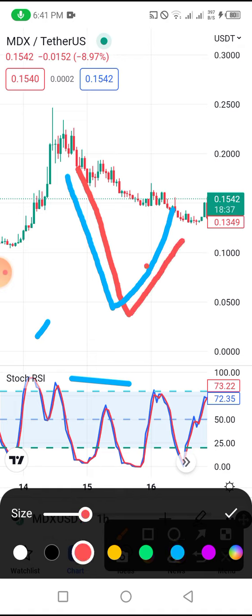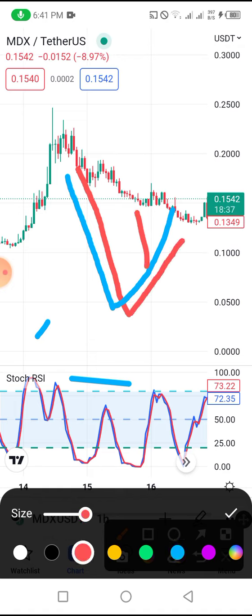Now, the blue line is running above the red line. In the previous scenario, the red line was running above the blue line. This point here is what we call the crossover. So when you want to identify an entry point, you look out for a crossover where the blue line has crossed over the red line. So that's how you do that.